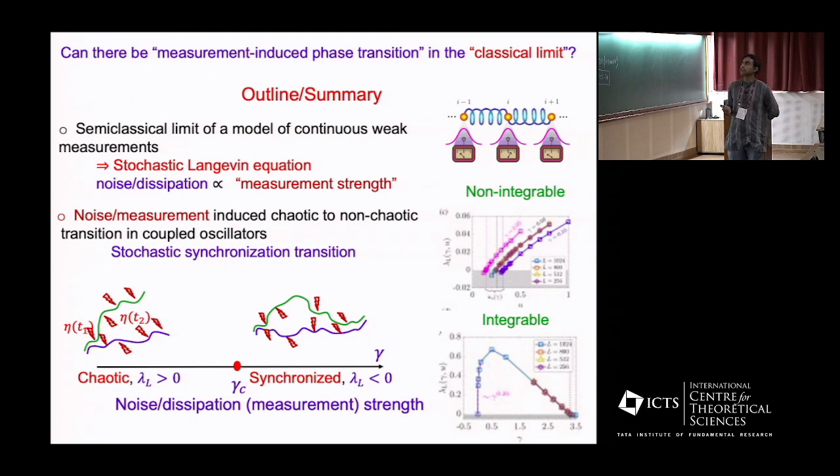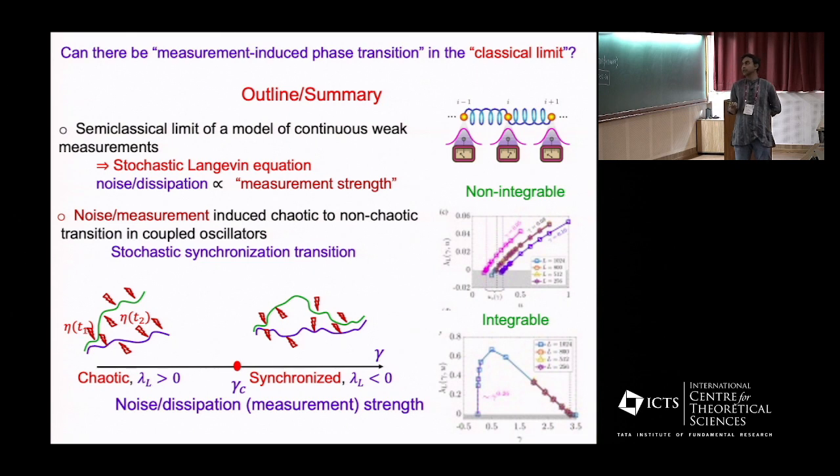I will start by briefly discussing a quantum measurement model of continuous weak measurement, and I will show that if you take a certain classical or semi-classical limit, it maps to our very old and favorite stochastic Langevin equation, with a fluctuation-dissipation noise whose strength is controlled by the measurement strength.